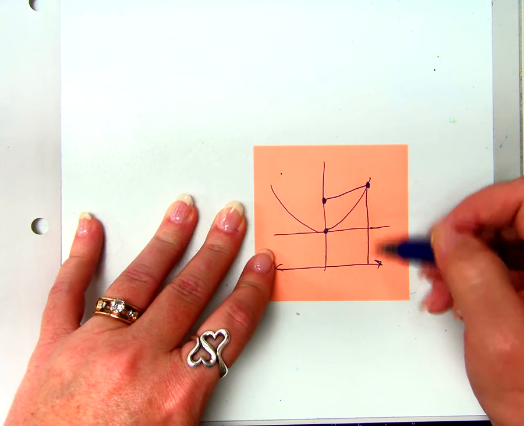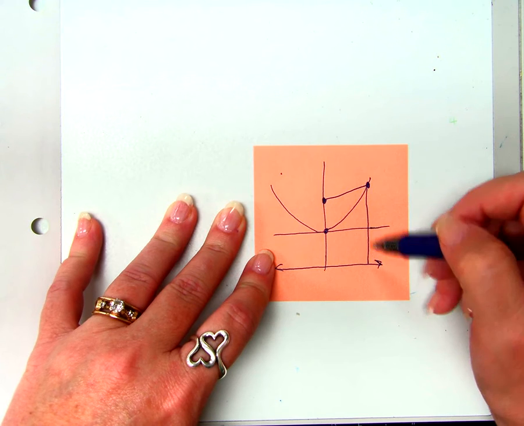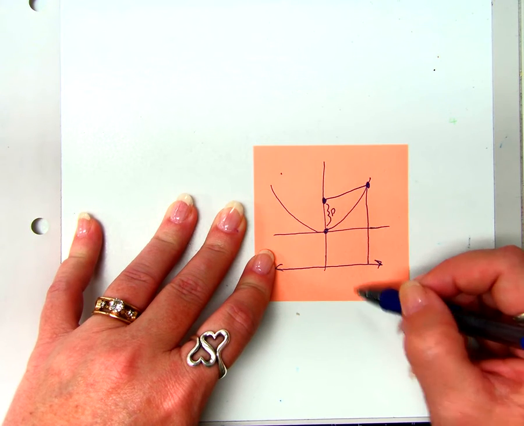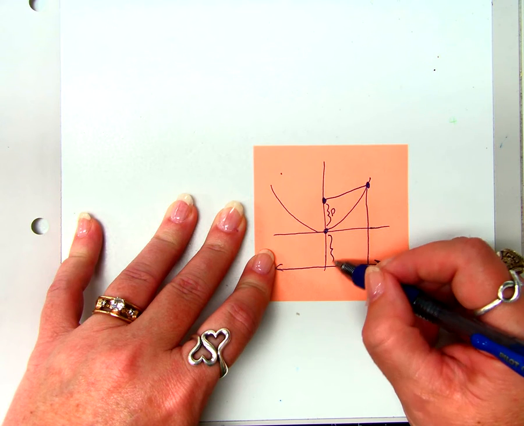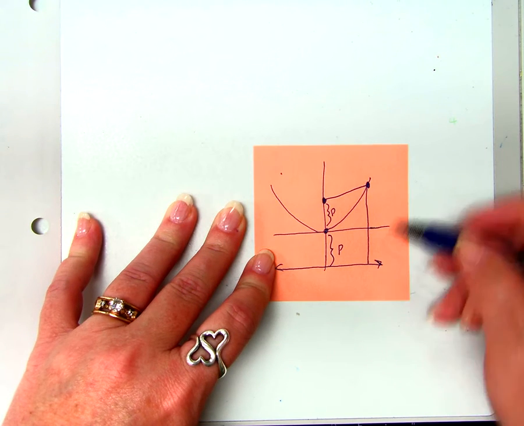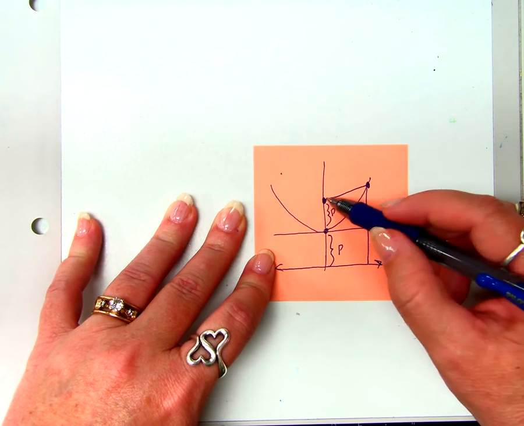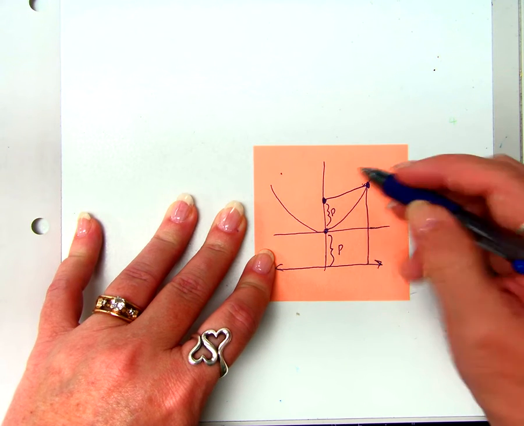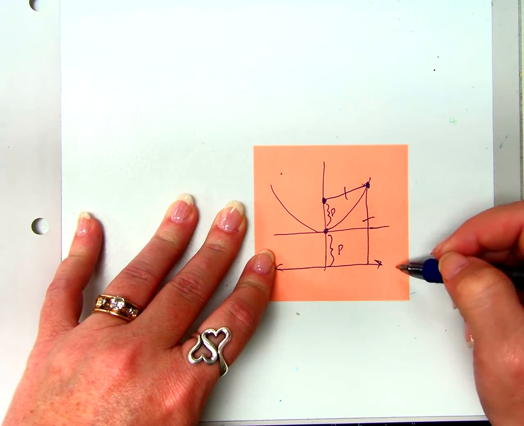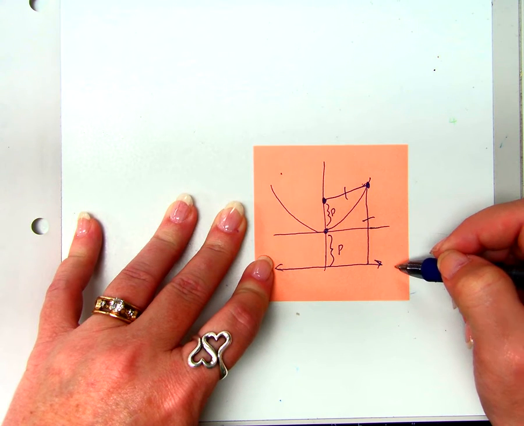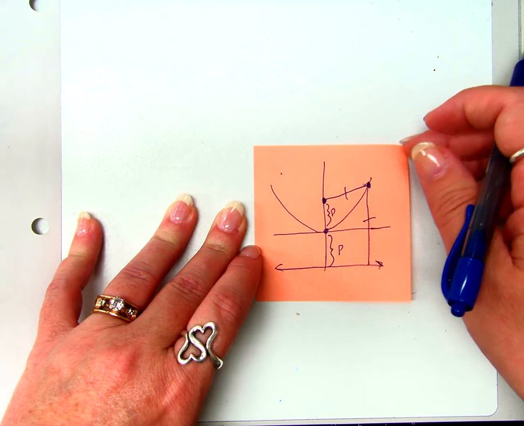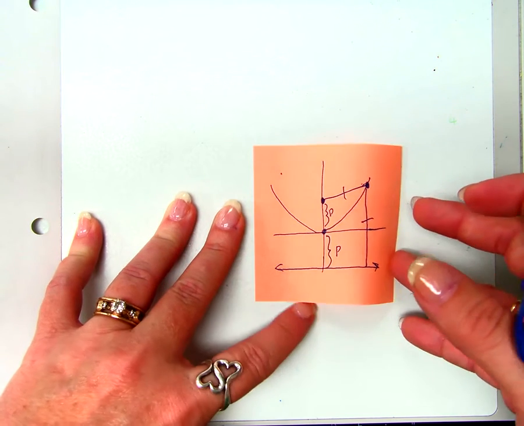See what I'm saying? This distance right here is P. This distance right here is P. Every point on the parabola is equidistant from the focus and the directrix. These two are supposed to be the same length, is what I'm trying to say, yes? Geometrically, that's how a parabola is formed. So keep that in mind when you're going through some of this work today. Okay?